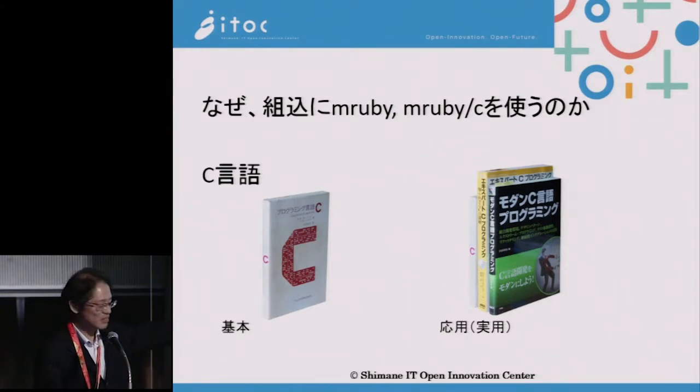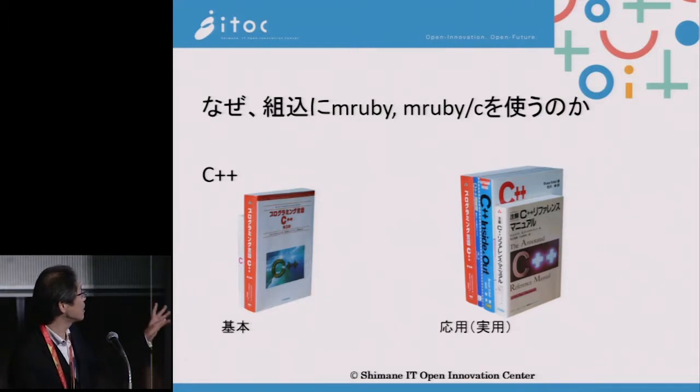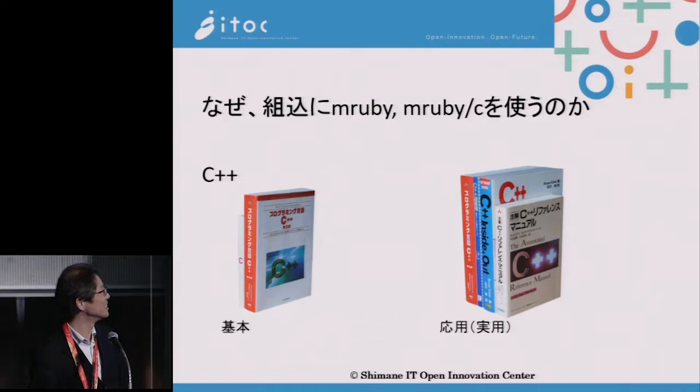But for the C language, there's just one book. And if you go to a more advanced level, maybe you need 3 books. But when you go to C++, this book is larger, and it's thicker. It's maybe 2 times thicker. So you can see there's more content.